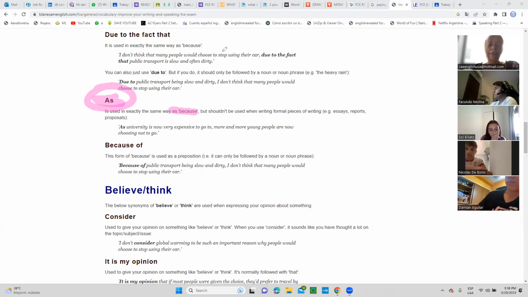Due to the fact that university is now very expensive. Okay. So this, due to the fact that, is great to use. This is a really good expression. Try to incorporate it in your essay writing. This is great because it elevates your writing. It's much better, due to the fact that, than because. Because is a more typical word.